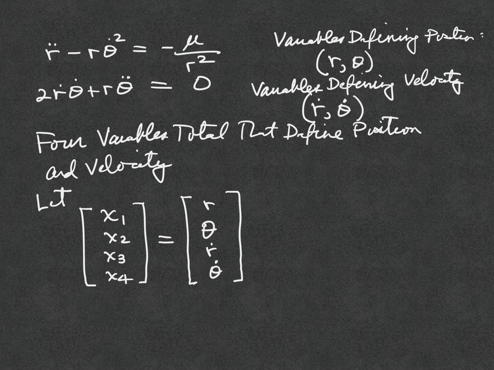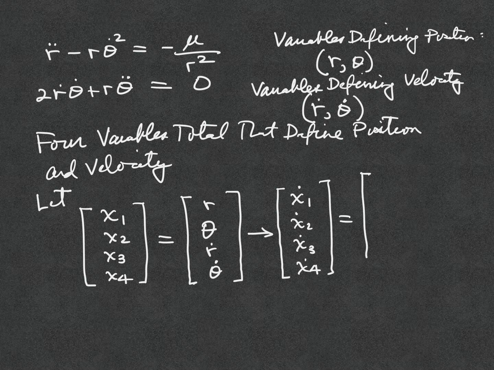So given that I have second order equations, I need somehow to get this into a form which involves these second derivatives. So the first thing you do is you take the derivatives of all of these quantities that I've defined just now, and we use that information together with the differential equations to describe this in first order form.